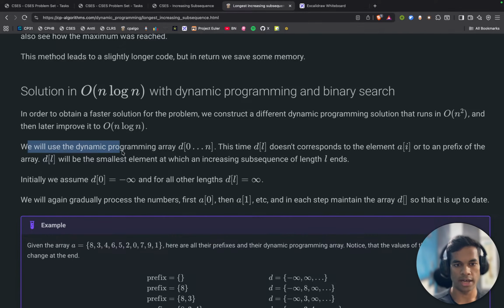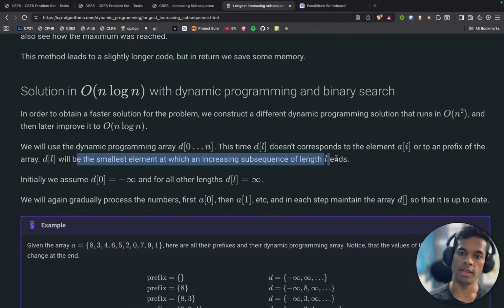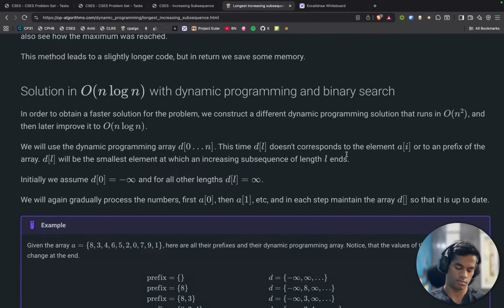We will use the dynamic programming array d from 0 to n. The size would be the number of elements plus 1, because we are going till n, and 0 and n are both included. This time dl doesn't correspond to the element ai, or to a prefix of the array. dl will be the smallest element at which an increasing subsequence of length l ends.